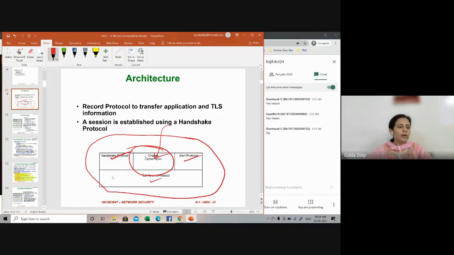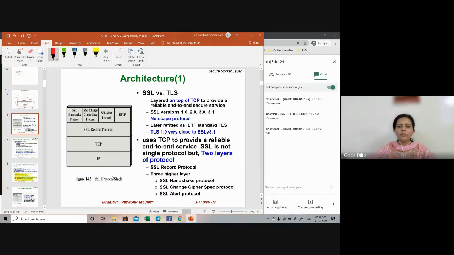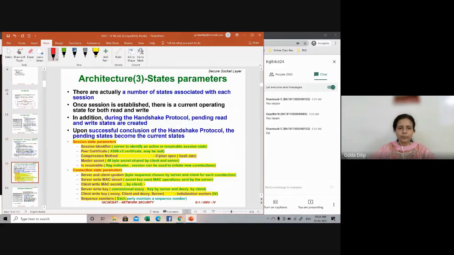Okay, so this indicates that whatever message records are following this change cipher specification, they are all protected. They are all being agreed upon regarding which cipher has to be used by both the parties. Okay, so that's what a change cipher specification is all about.